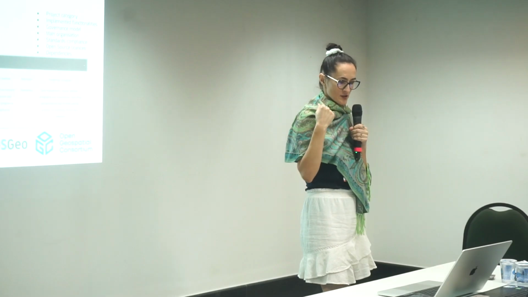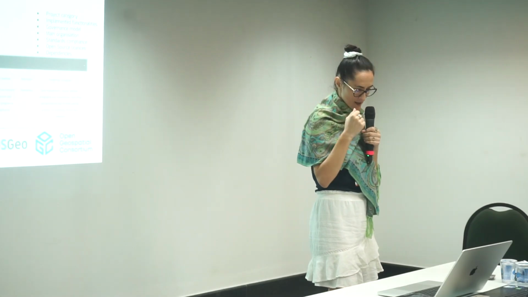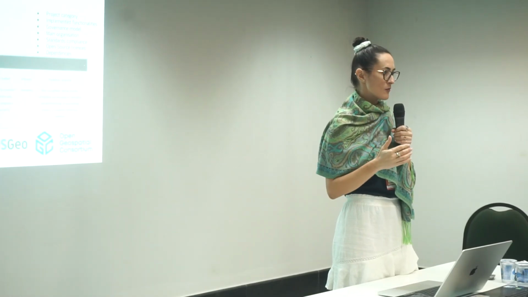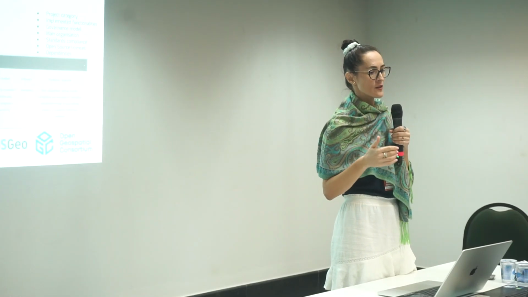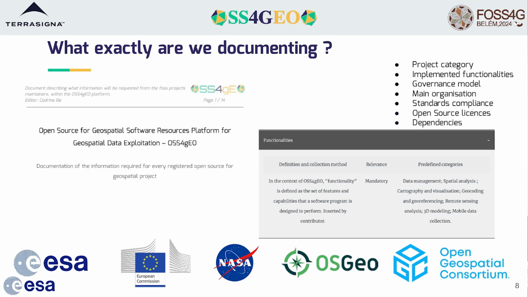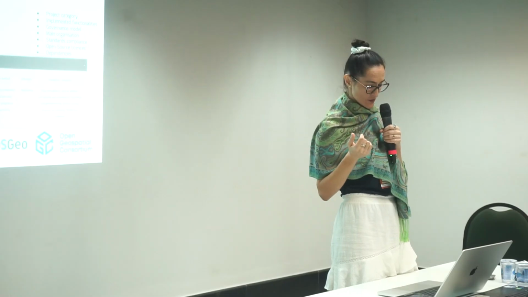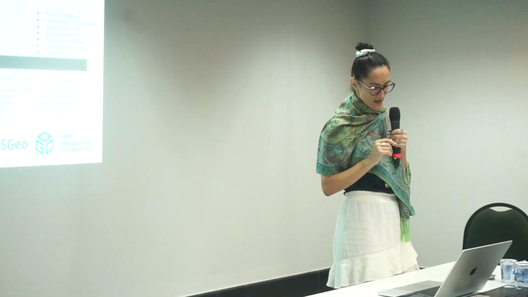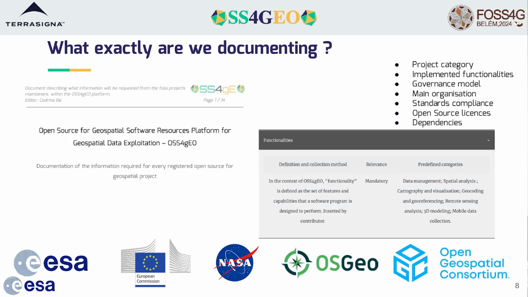What I want to mention is that when we made the draft of what we want to document and how, we did this working with people from organizations that were very well aware of the open source ecosystem and understood how it functioned, how it worked. They were core developers and so on and so forth. On the bottom of the slide you can see the institutions, people from the institutions with which we worked in defining this.